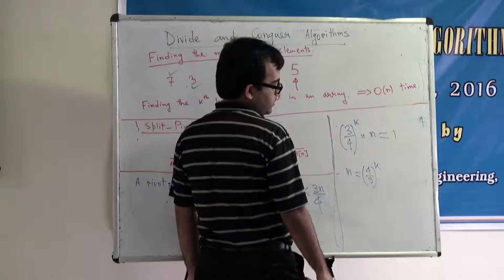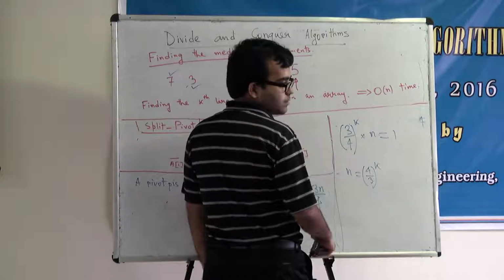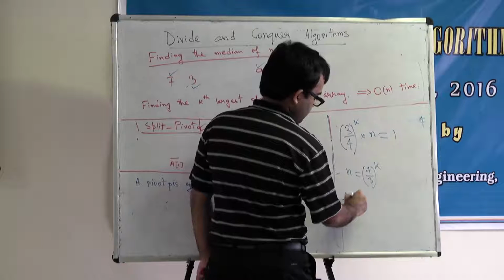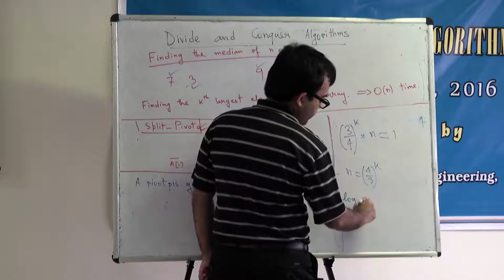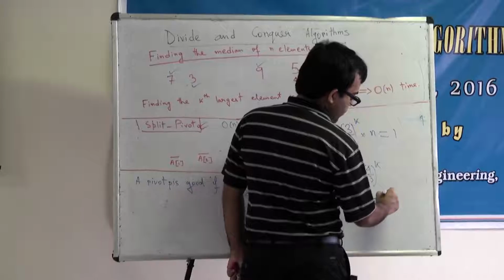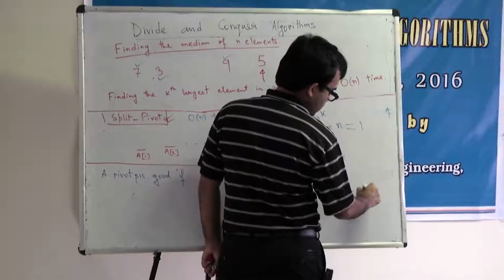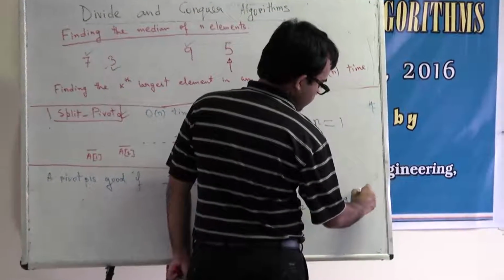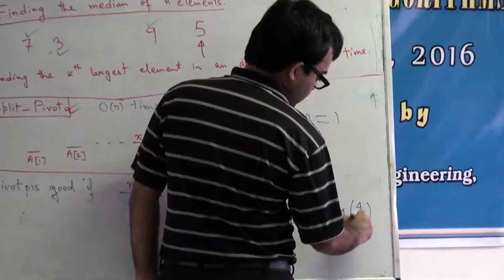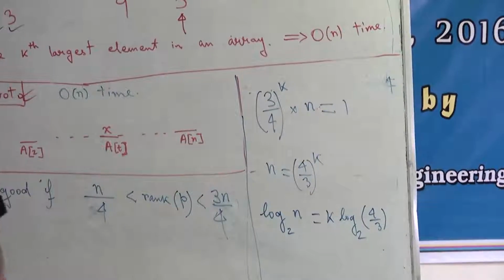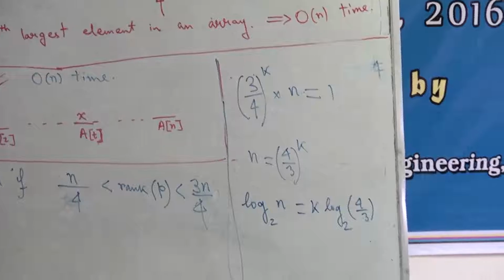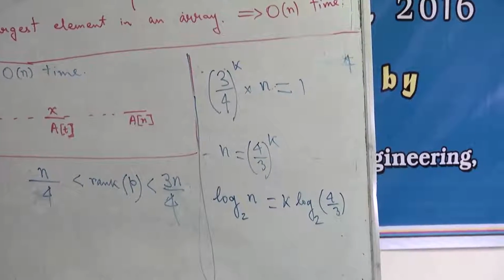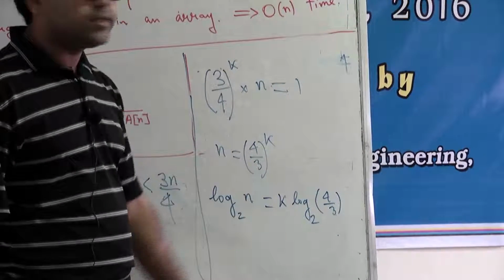Now what does this mean? Now take log on both sides. Log of n to the base 2. What is this going to be? K times log 4/3, correct? Now what is log 4/3 to the base 2?